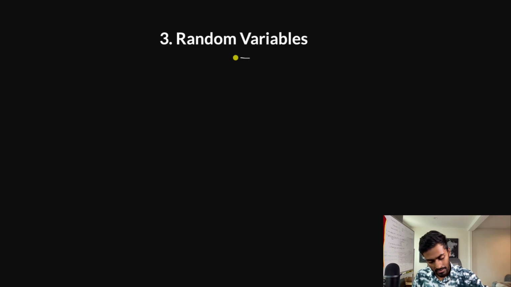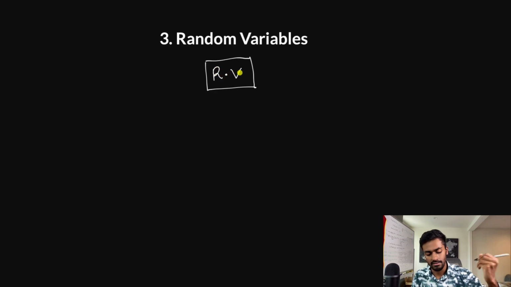Now, random variables, mathematically, are essentially functions. So I'm going to say let's call this little box here RV, for random variables. And these are essentially functions. So they have some input and they also produce some output. And the input to these is some outcome of some event that occurs.